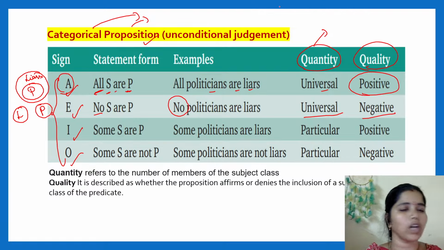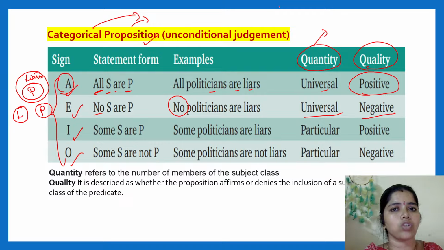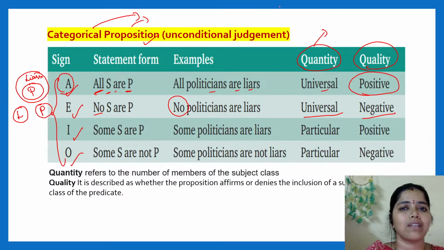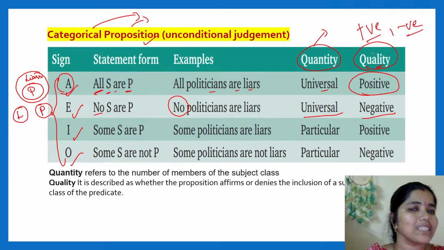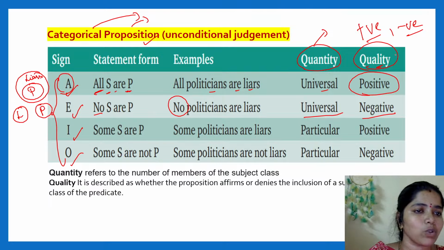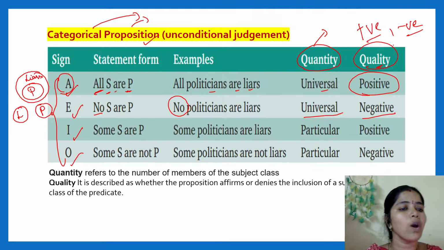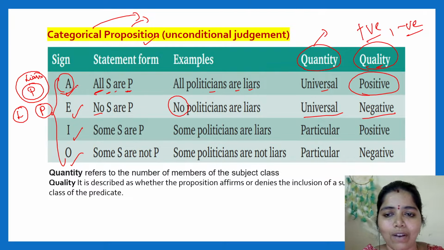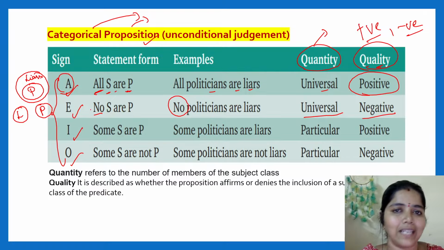A group of teachers, five or six or ten or a hundred, is also particular and talks about quantity. Quality can be positive or negative, a positive statement or a negative statement. Very good. So I think we are clear with A type and E type sentences.